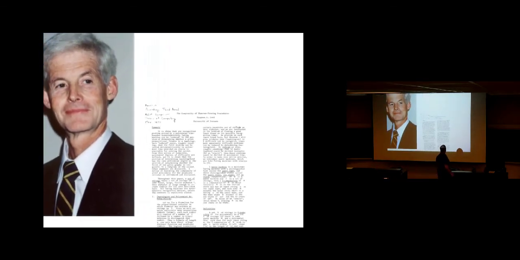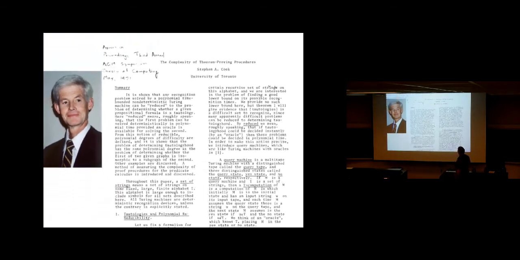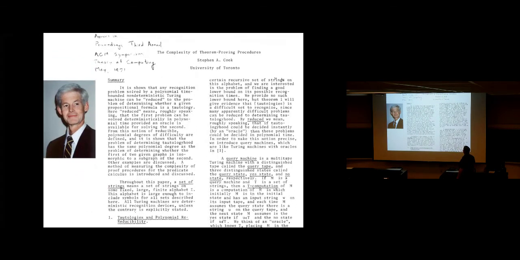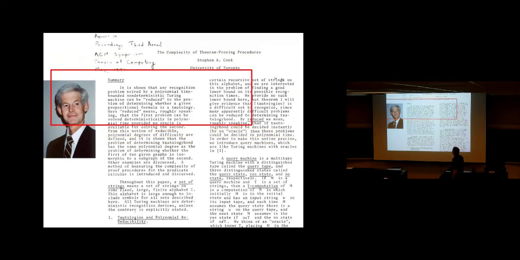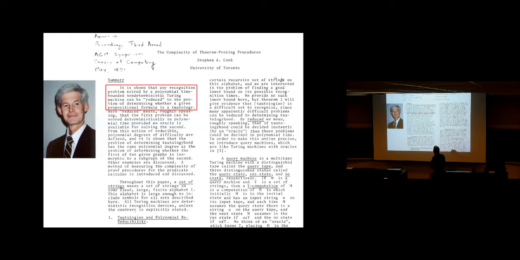It's polynomial time. So here's Cook's paper, actually. This is the original paper. One author, 1971, and he actually comes out and says it right in the first sentence of the abstract. He says, it is shown that any recognition problem solved by a polynomial time-bounded non-deterministic machine can be reduced to the problem of determining whether a given Boolean formula is a tautology, satisfiable or not.